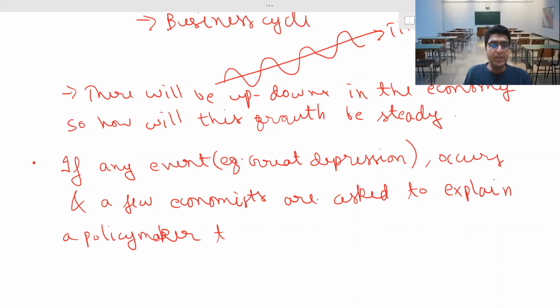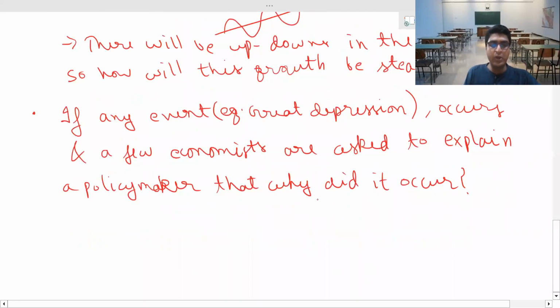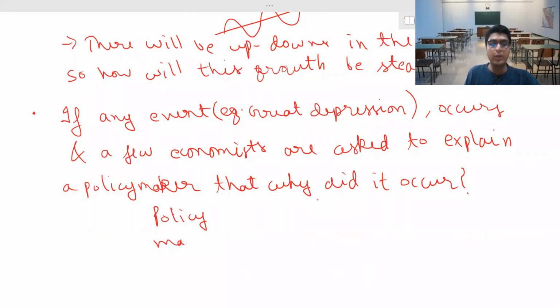So economists are asked to explain to a policymaker why it occurred. Now the problem with classical is that there are so many different kinds of variables involved there. A policymaker depends upon economists.